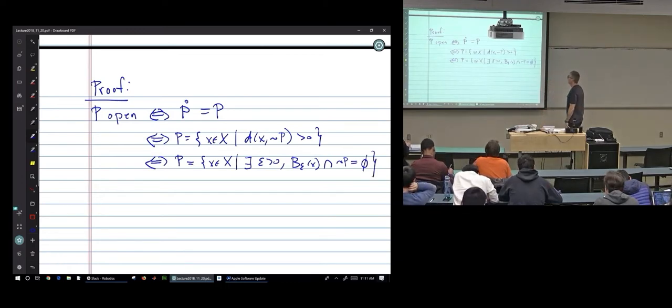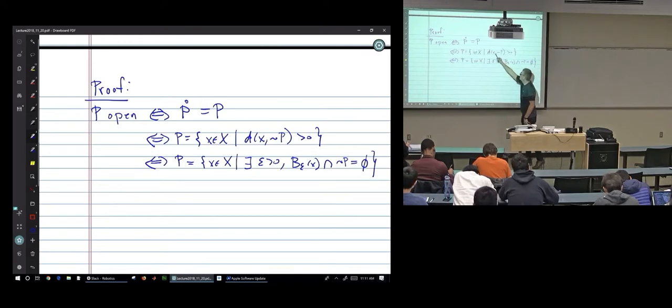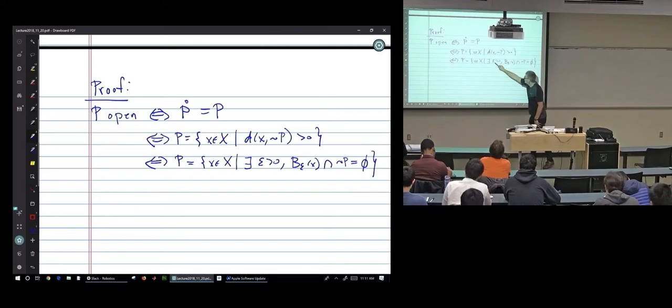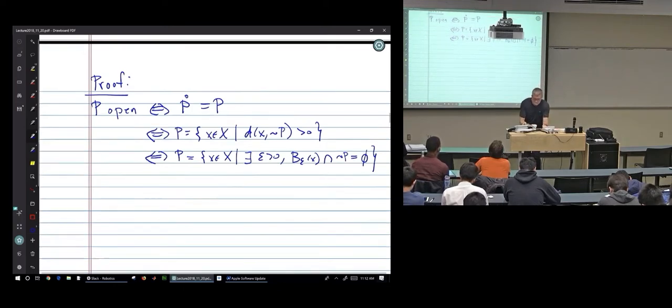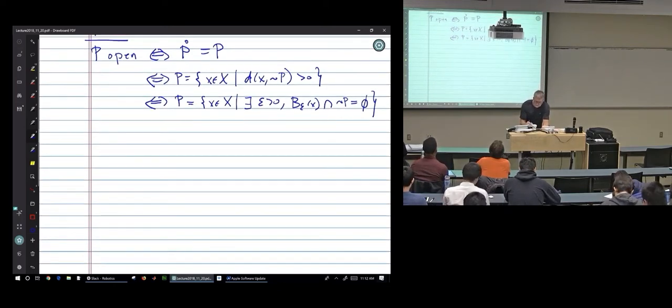X is bounded away from the complement of P. So I can find some sufficiently small bound such that all the points that are near x do not intersect the complement of P.